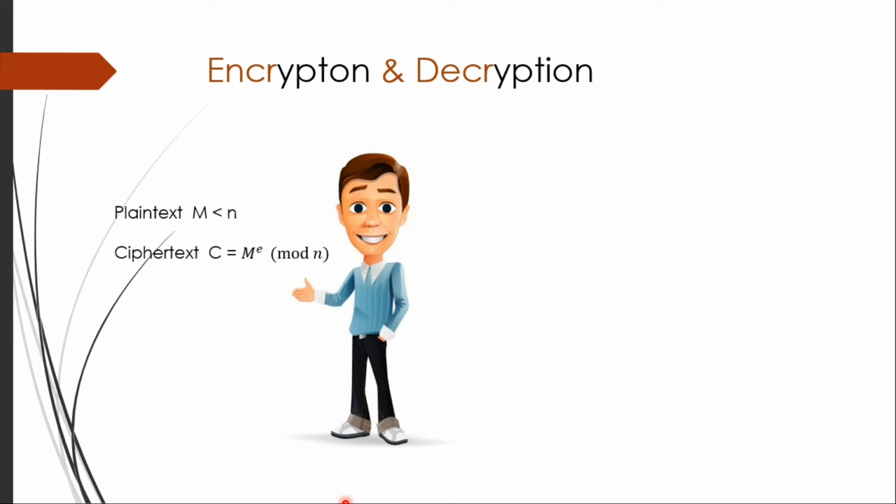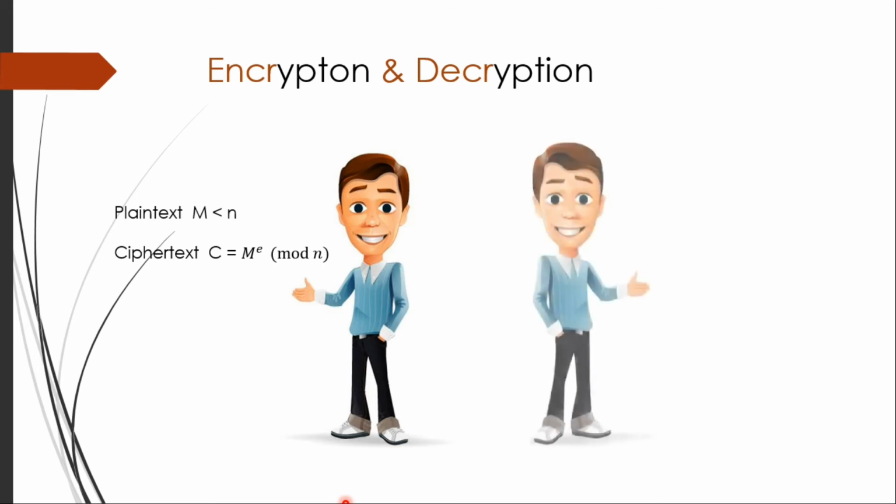To encrypt the message m, use the equation c equals m raised to e mod n. To decrypt the message from ciphertext, use the equation m equals c raised to d mod n.